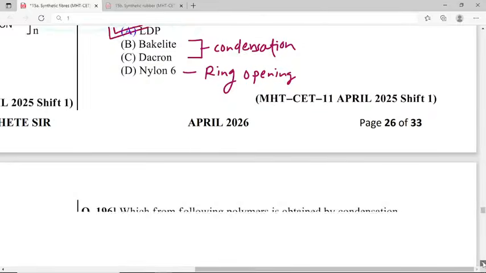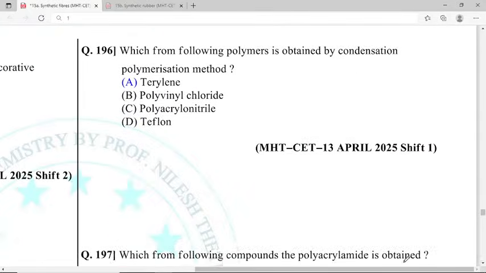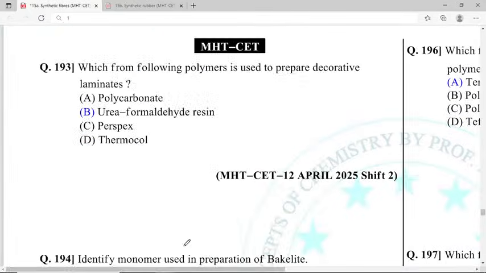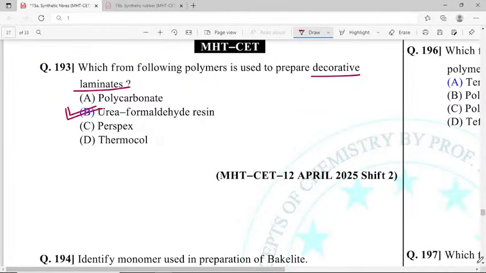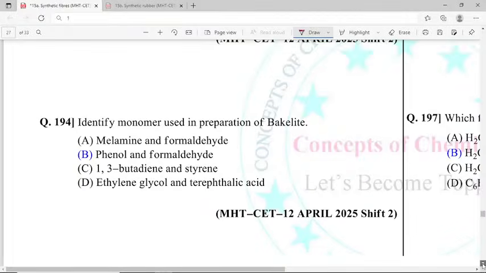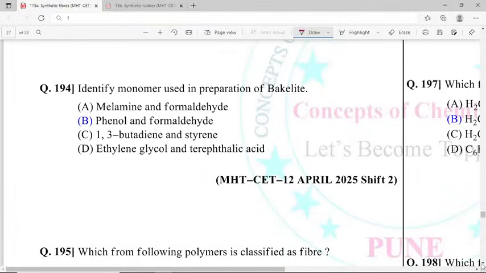Next question. Which from the following polymers is used to prepare decorative laminates? Urea formaldehyde resin is used to prepare decorative laminates. Identify the monomer used in preparation of bakelite.